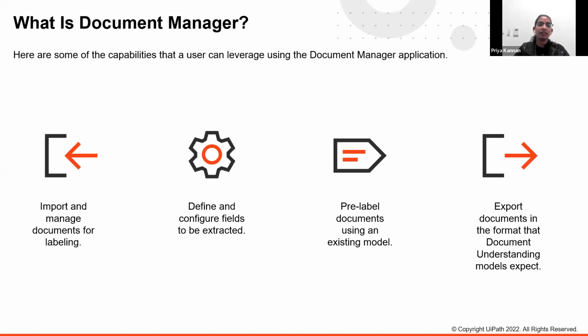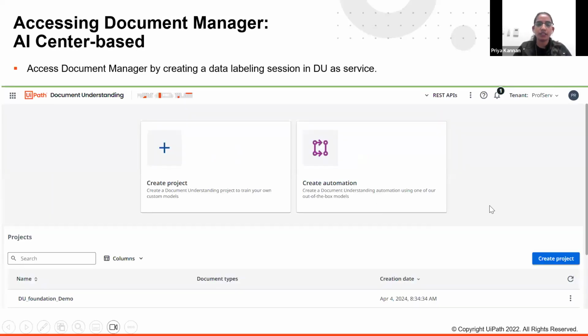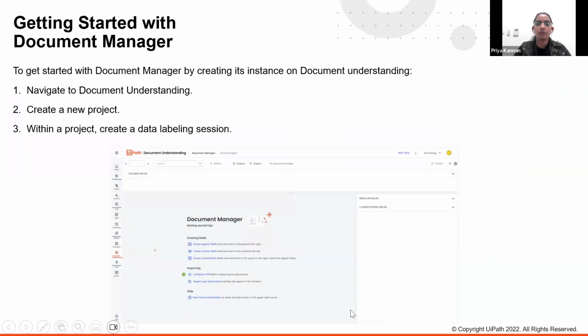So you can start with the document understanding process. If you go to UiPath Cloud, you can open the document understanding service, and there you create a project. You give the project a name, and then you will be opening the document type. There you can specify semi-structured, and it will open this page.